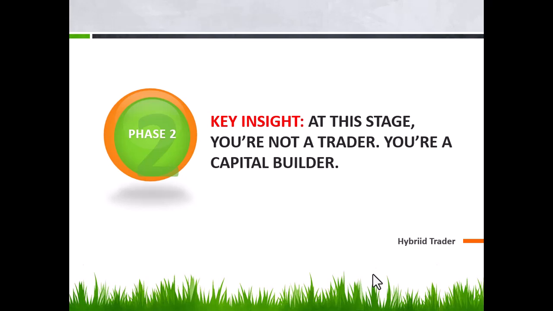That is the essence of phase two, which is month three to month five. You want to build your capital by protecting what you already have and also adding more to it simply by following the same processes, the same risk to reward ratio, the same risk percentage, and also trading the same system.